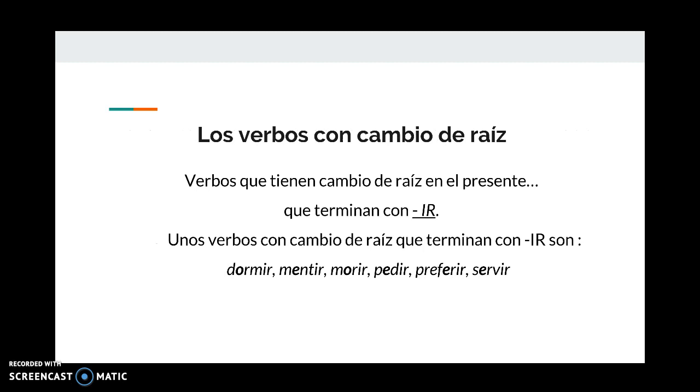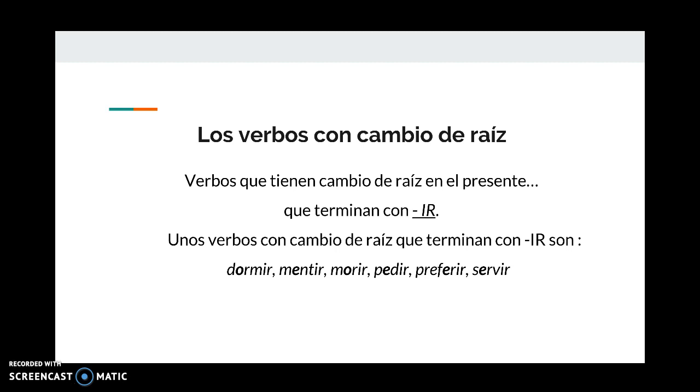Moving on to los verbos con cambio de raíz, or stem changers, on Página 4. Verbs that change in the pretérito, or los verbos que tienen cambio de raíz en el pretérito, are los verbos que tienen cambio de raíz en el presente que terminan con IR. So verbs that stem change in the present will only have a stem change in the preterite if they end in IR.